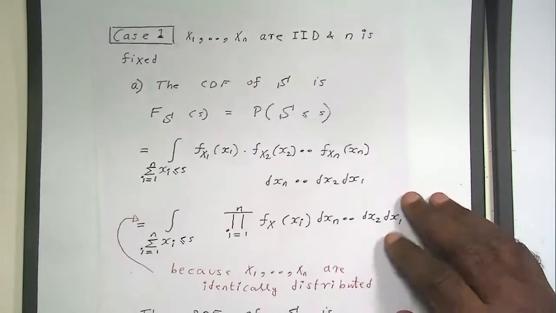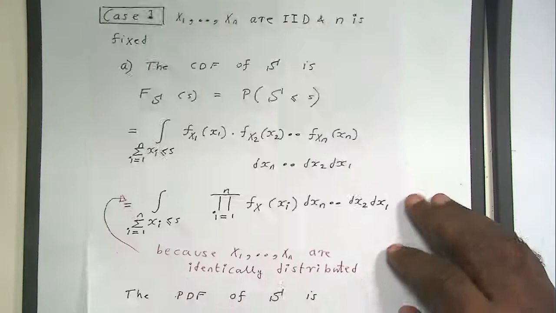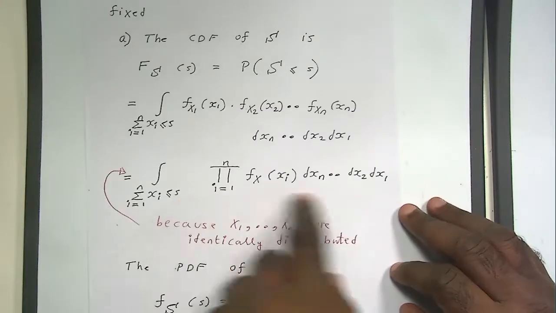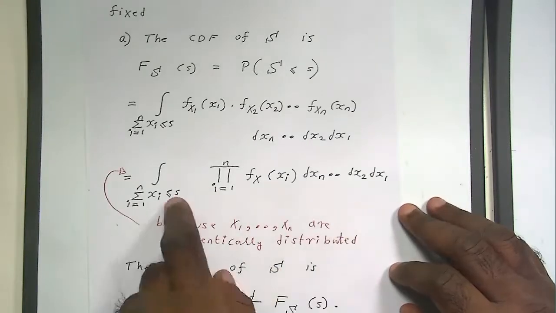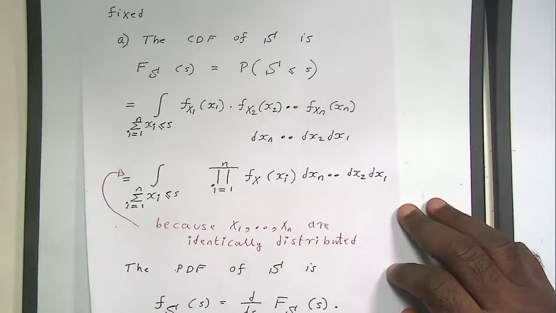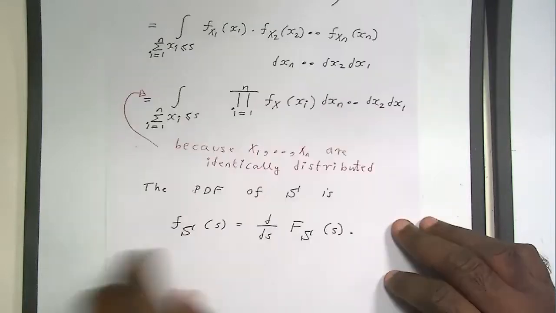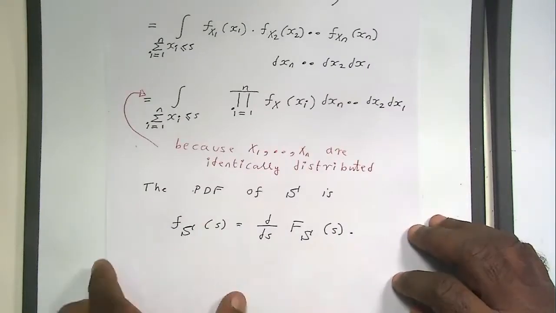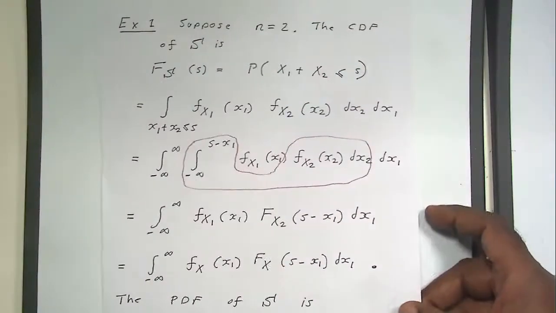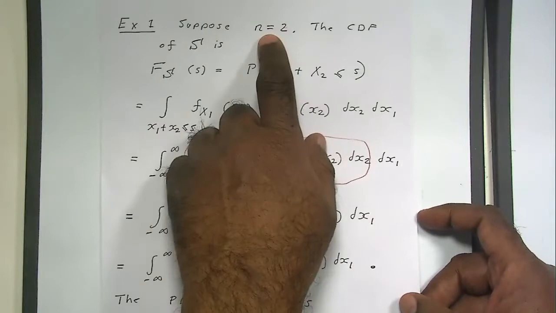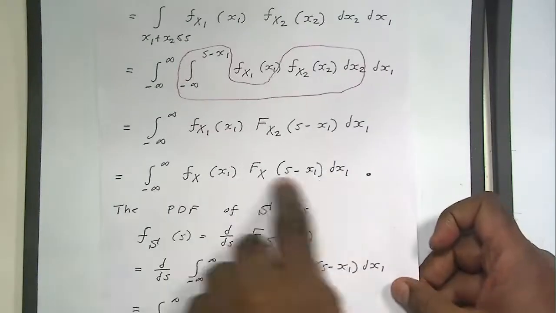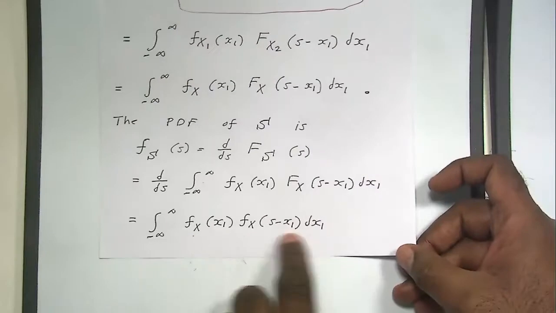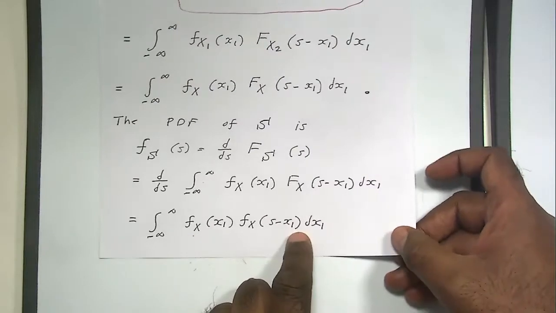In this case, the CDF of S can be written like this, the CDF of total portfolio loss, and the PDF of S can be written like this. Okay. And then I did an example where the number of investments is 2, and in this case, the CDF can be written in this form, and the PDF can be written in this form.